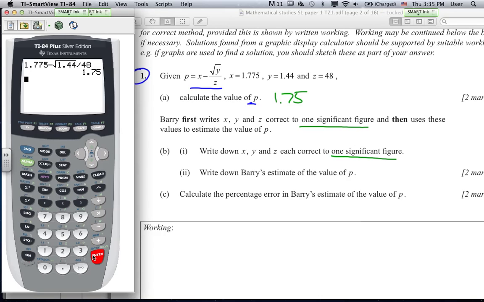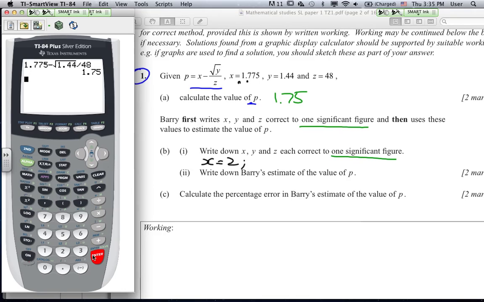So one significant figure for x, you're looking at this, this will be your one significant figure. So this 7 is the next one, and that's 5 or greater, so it's going to actually be 2, so x will be 2.